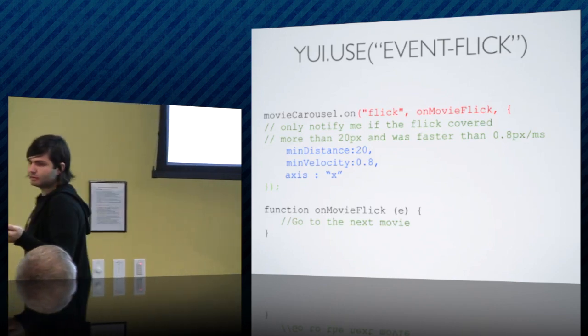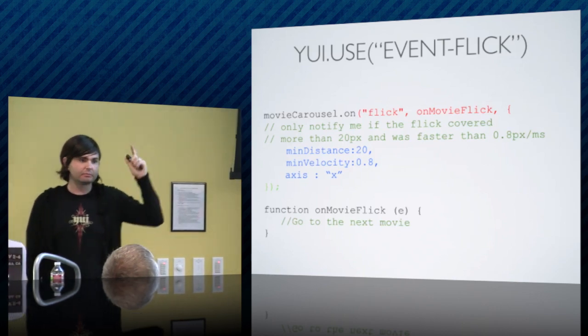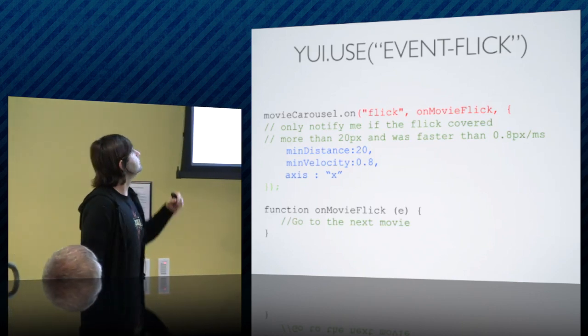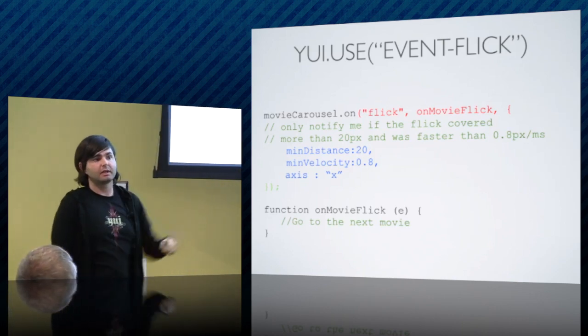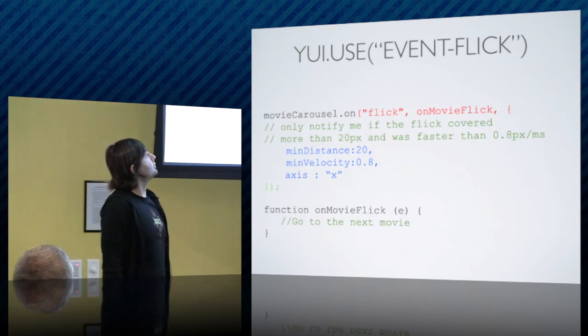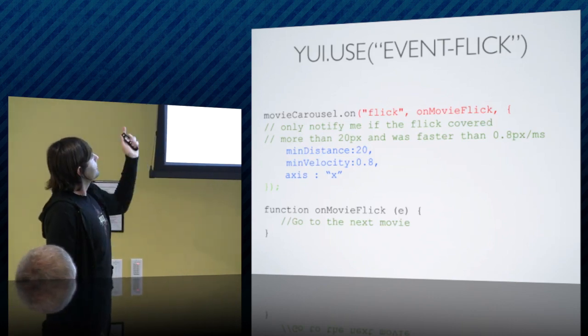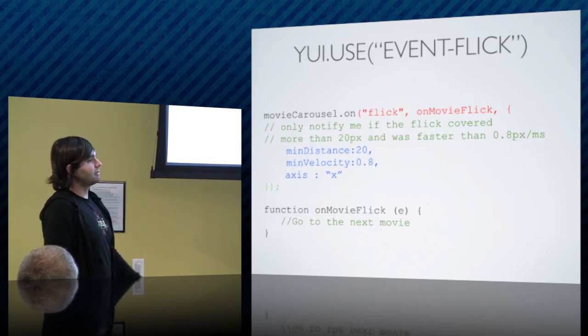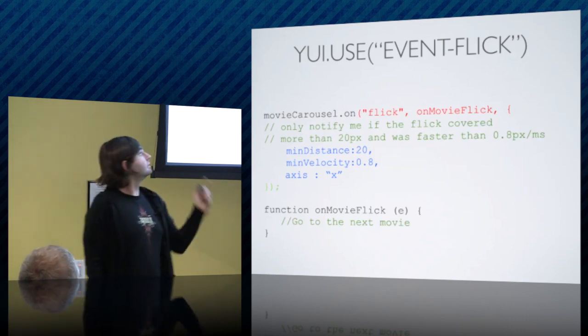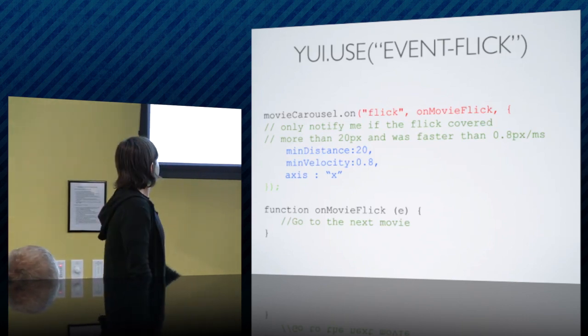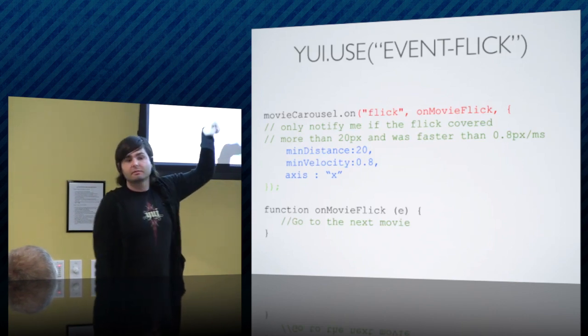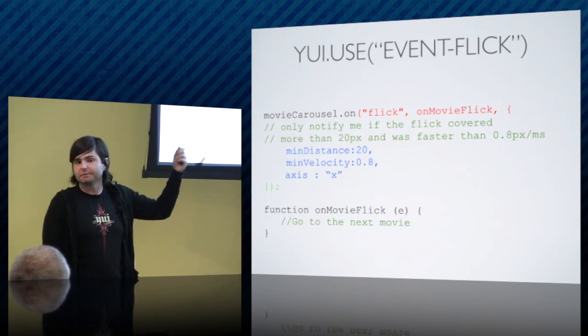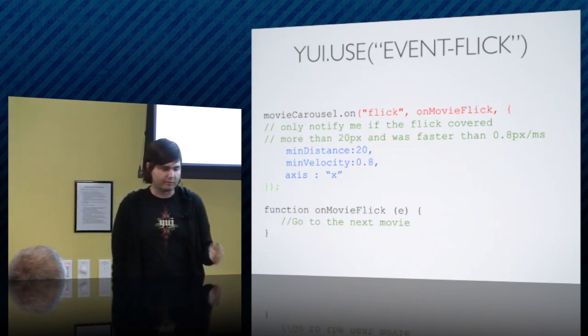All you need to do really is get your container, subscribe to a Flick event, and pass in some options. In this case, the minimum distance I wanted to travel for the Flick event to actually take place, the velocity, and the x-axis. And then, once I have the event, do something, go to the next movie or something like that.